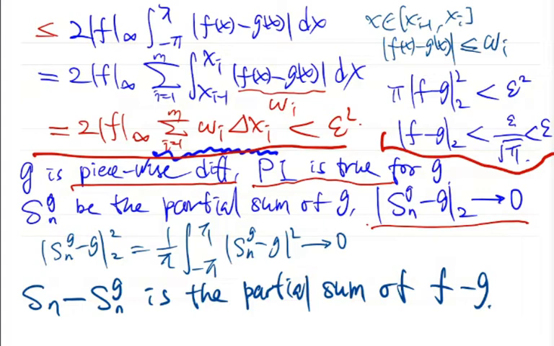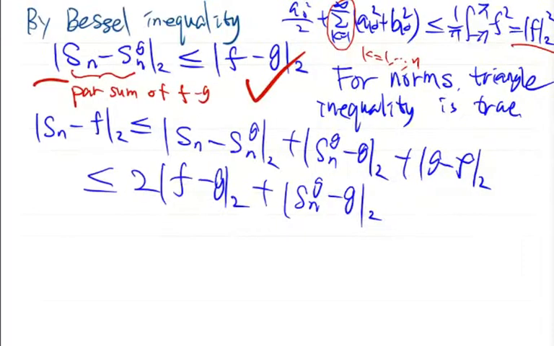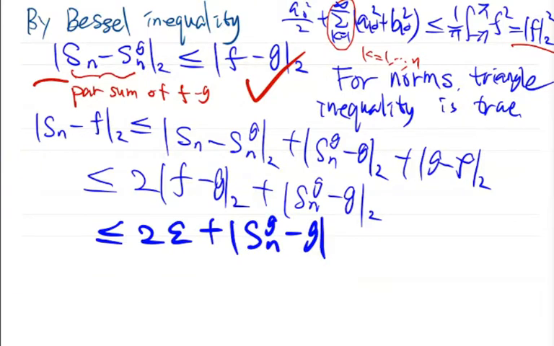So why do we need this? Now it is time for us to use this result. So this is not greater than 2 epsilon plus the L2 norm of Sn g minus g. Now we take the limit supremum: let n go to infinity.